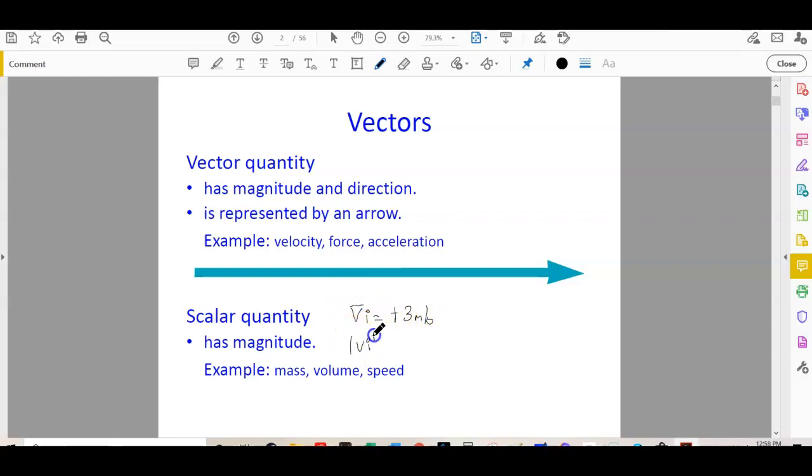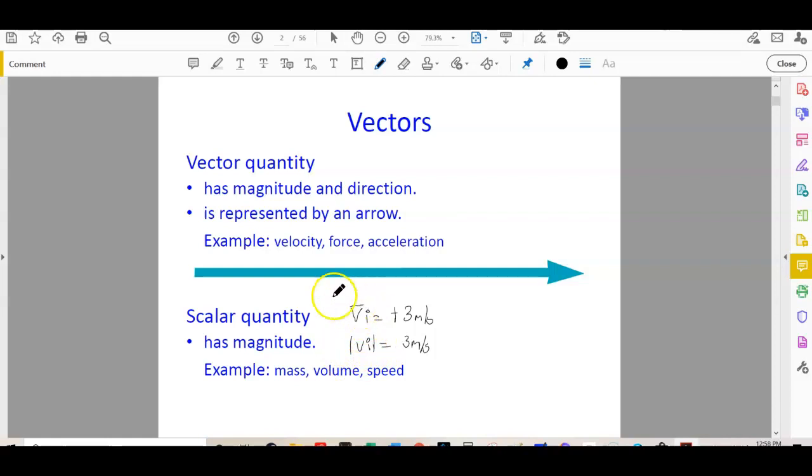You're putting an absolute value around it, which means the speed of the object is just 3 meters per second. It's not positive 3 meters per second, and it's not negative 3 meters per second. It's just 3 meters per second without a positive or negative in front. It has no direction to it.